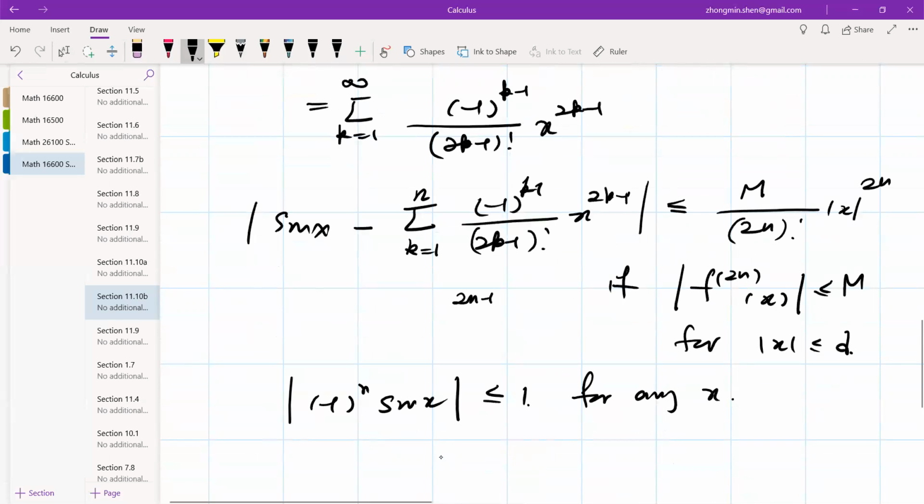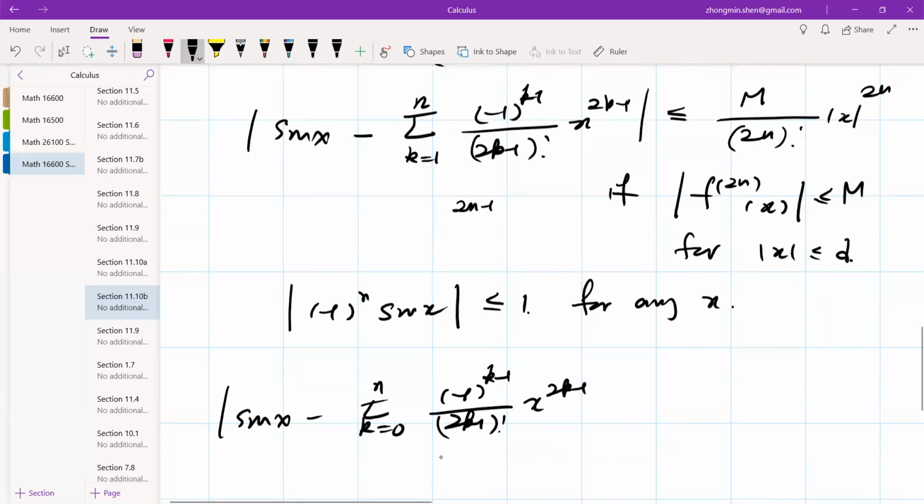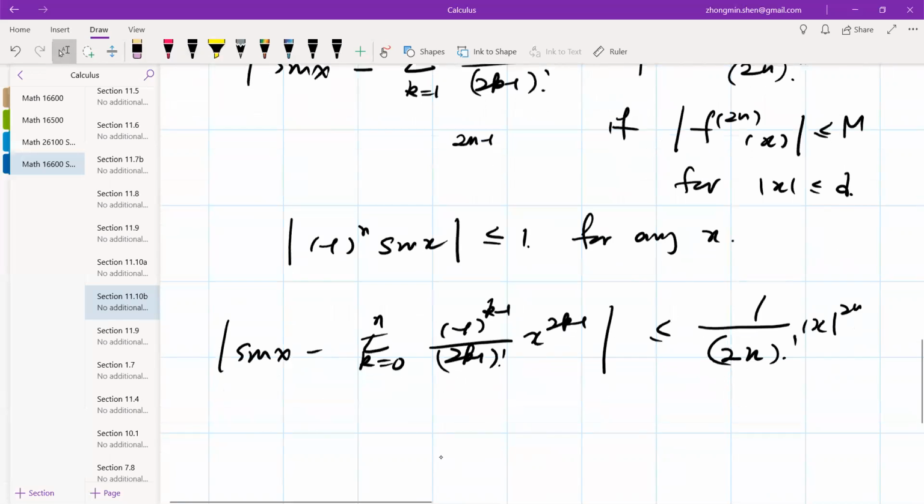So using this, we can have the following estimate. It's always less than or equal to 1 over 2n factorial times x to the 2n. No matter which x you choose, here x is less than or equal to d, but these are arbitrary, right? So clearly, this side is going to approach 0 as n approaches infinity.